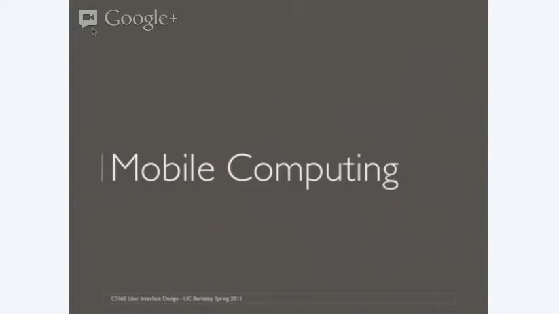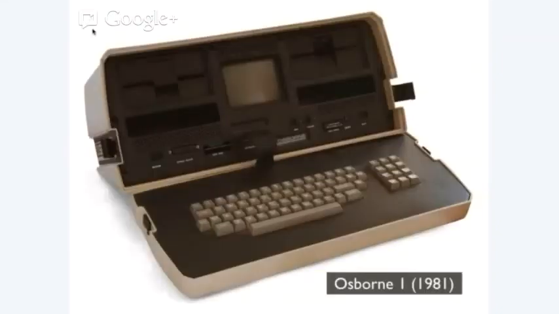Here's the very first mobile computer. The Osborne 1 was considered the first truly portable computer. It had about a 4-inch or so CRT. This was before LCD screens. And the whole thing was basically a suitcase.